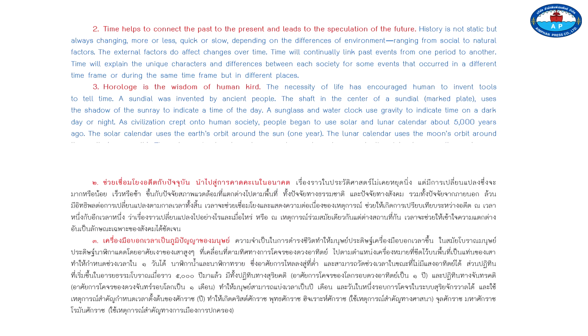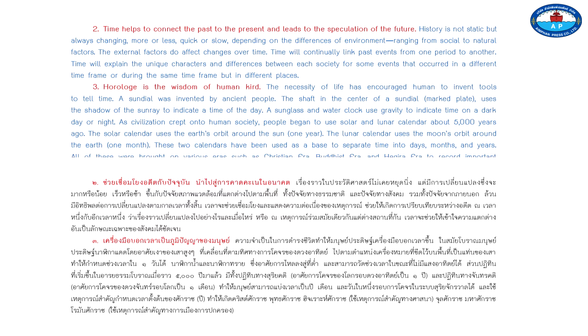The solar calendar uses the Earth's orbit around the Sun, 1 year. The lunar calendar uses the Moon's orbit around the Earth, 1 month. These two calendars have been used as a base to separate time into days, months, and years.